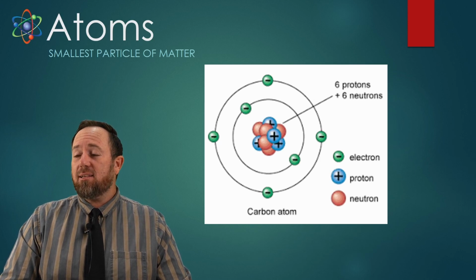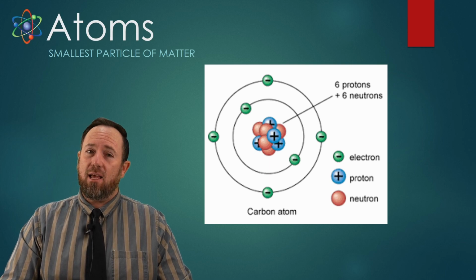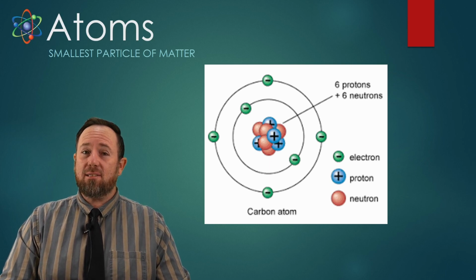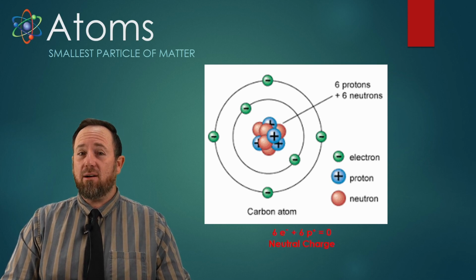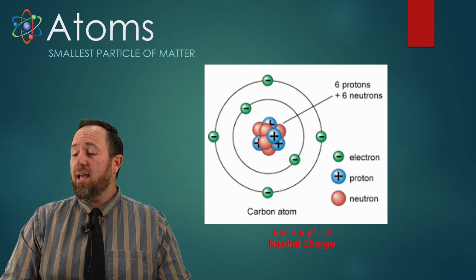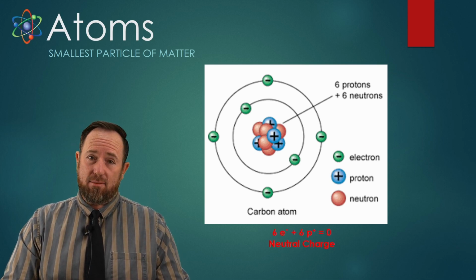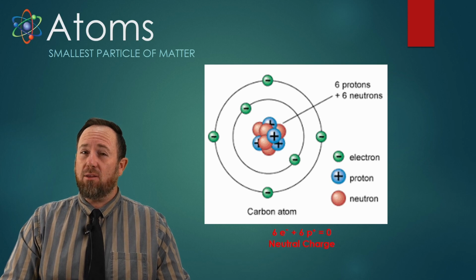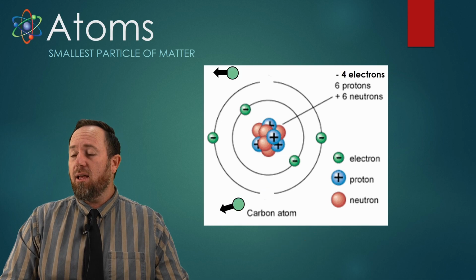So in this case, we need to see what the balance is between the protons and the electrons. This atom has 6 electrons and 6 protons, and if you do the math, it adds up to 0. 6 plus negative 6 is 0. So it has no charge. Hence, it's a neutral atom, which most atoms on the periodic table are when found naturally in nature.